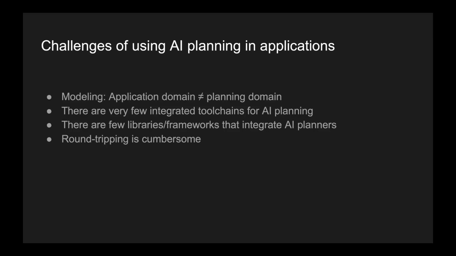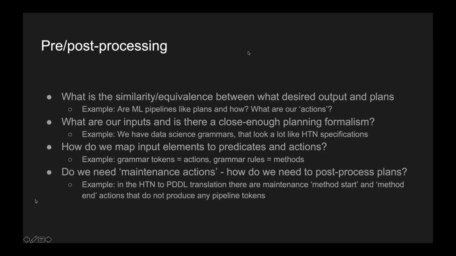And now you have to go all the way back to your original mapping and figure out in which of these steps was the error made, and how can we make changes based on that outcome. So usually when you have processes with many transformations, round tripping from the end result is somewhat cumbersome. But the benefit is, as you'll see at the end, that planning can solve some really hard problems. I'll talk more about this as we get past the hands-on section.